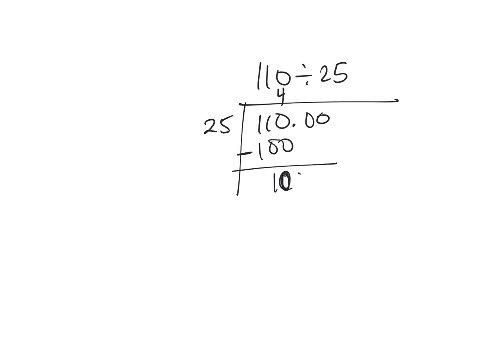So 0, and then a 0 again. 25 goes into 100 4 times. And 4 times 25 is 100. And that brings you to your destination there. So 110 divided by 25 will be 4.4. Okay, so that is another example of dividing whole number situations using our divisor and dividend.